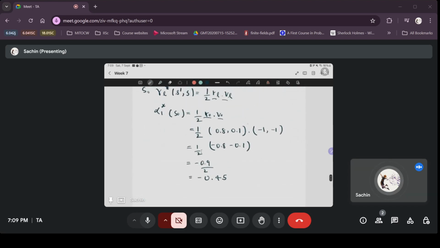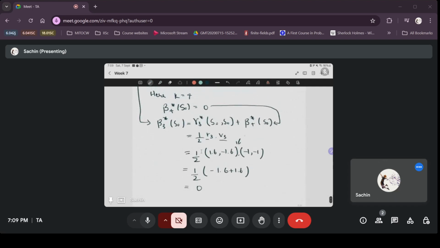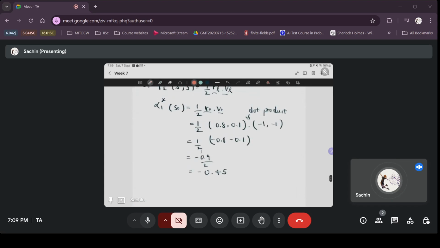This is the same dot product. So that's your beta 3 star of S0.